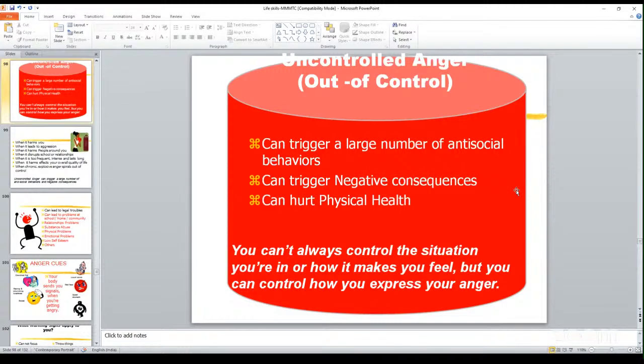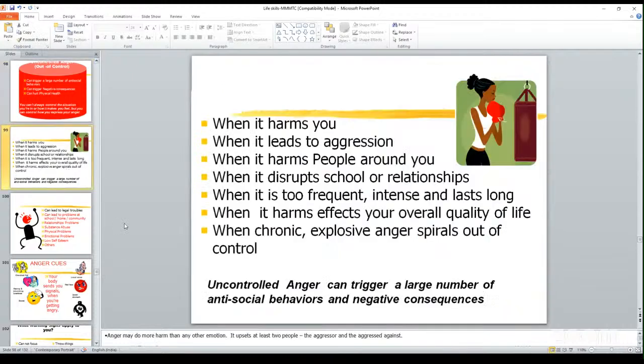How you control your expression of anger matters more than what makes the situation angry. This is where uncontrolled anger can lead to negative consequences. Now, remember, you should think about yourself and about the anger itself.